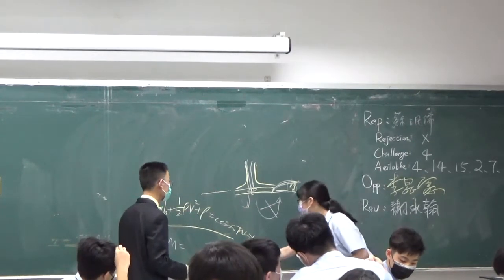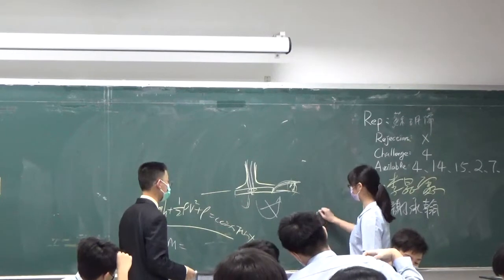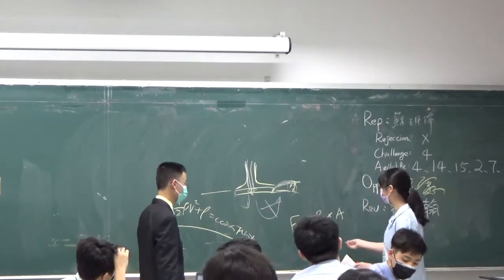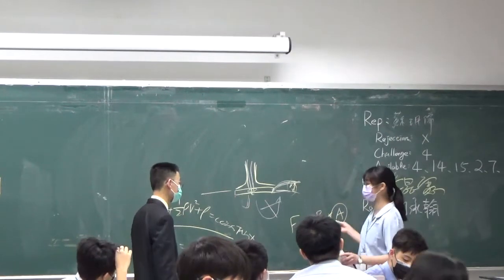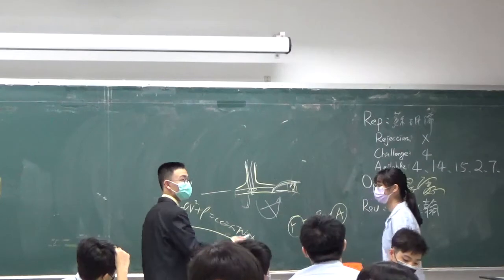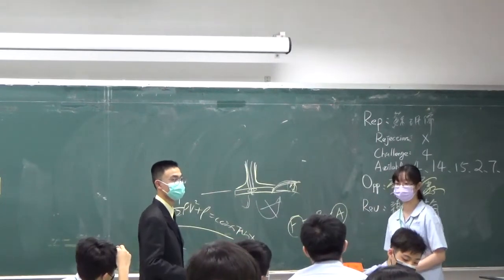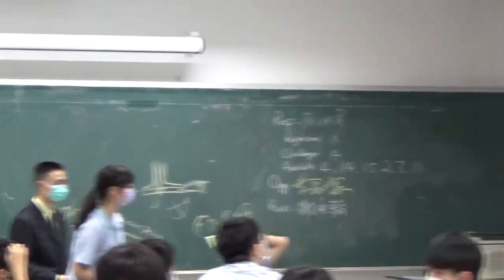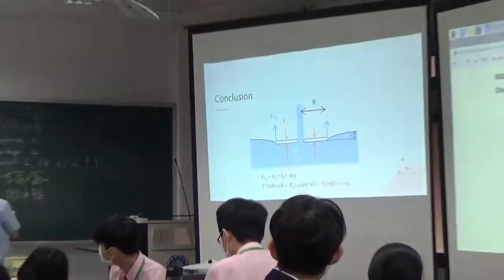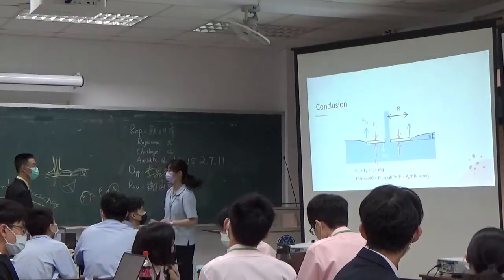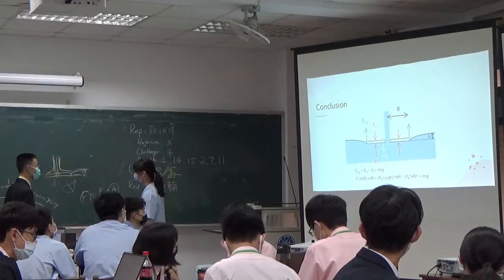Because the force equals the pressure times the area, so when the area gets bigger, the force will get bigger. And in your conclusion part, do you have the FA, and what causes the FA? That is the atmospheric pressure.